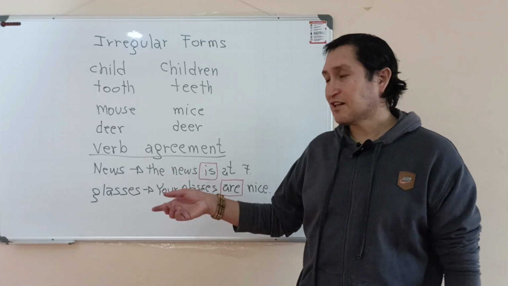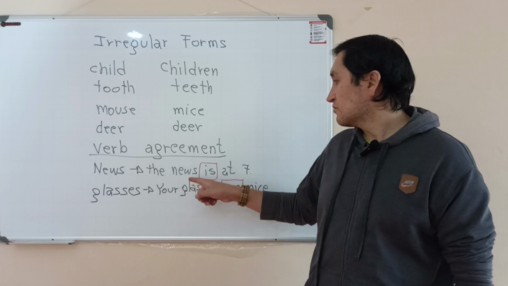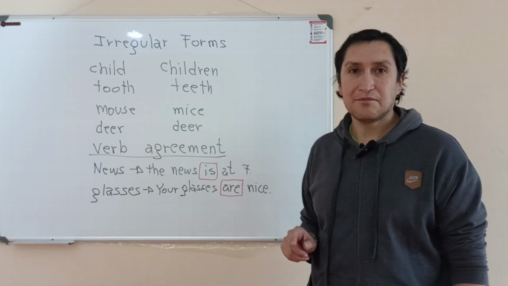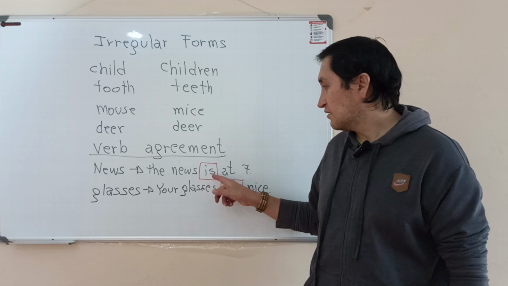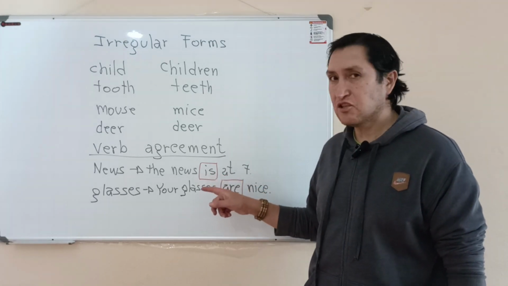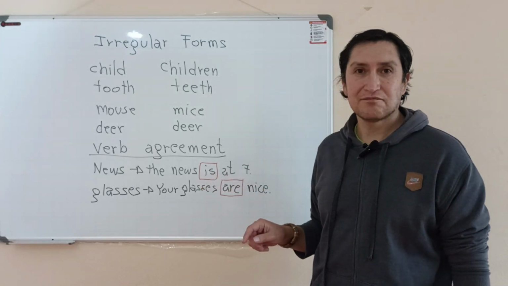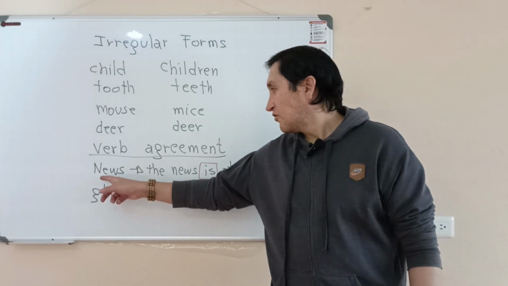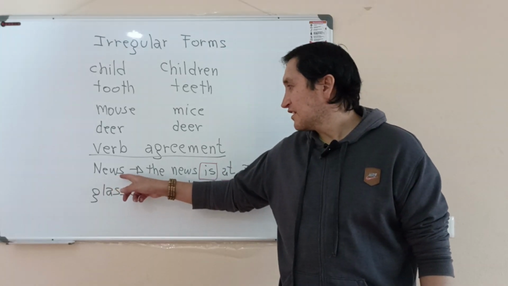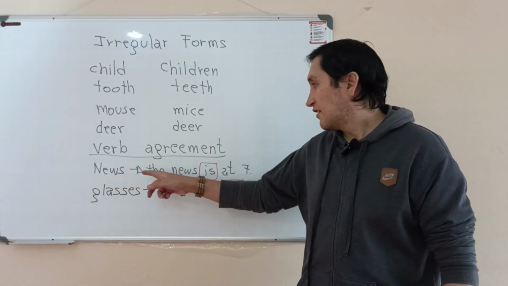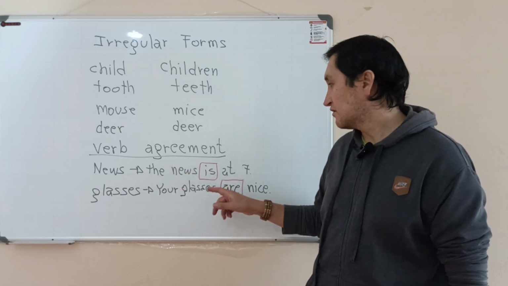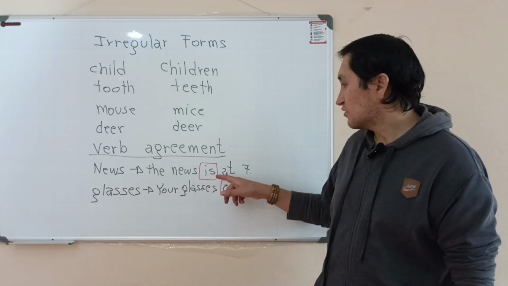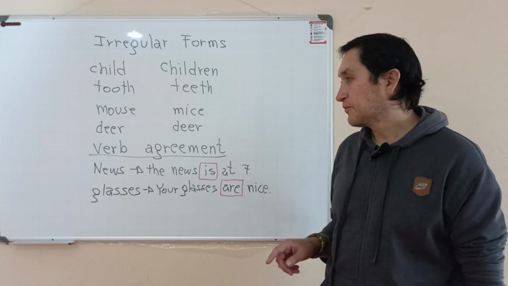Okay? Let's see an example. The news is at 7. Okay? So here is the verb to be, no? And its conjugation is in singular. So although news ends in S, this word is considered singular. That's why we use the to be verb in singular.